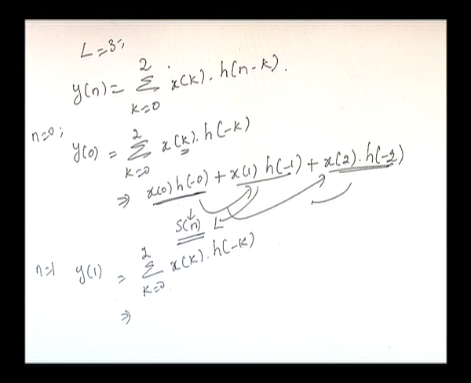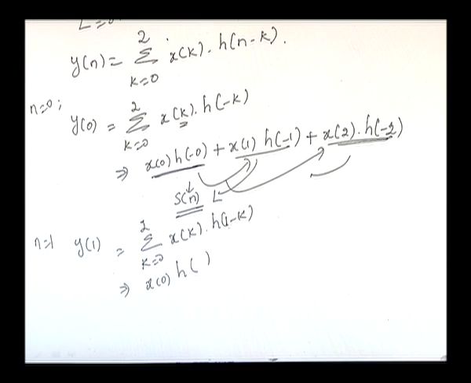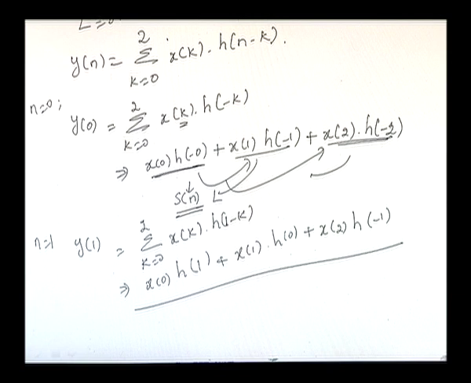So, we write x of 0 h of 1 minus 0, that is 1, plus x of 1 h of 1 minus 1, that is 0, plus x of 2 h of 1 minus 2, that is minus 1. This is the way we expand it and find the convolution of the input signal with the impulse signal.